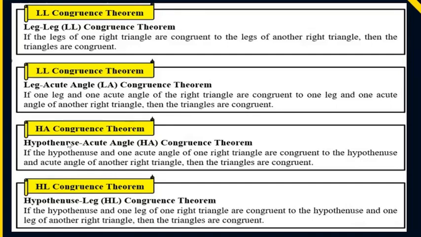If the hypotenuse and one leg of one right triangle are congruent to the hypotenuse and one leg of another right triangle, then the triangles are congruent. Take note, the LL, LA, HA and HL congruence theorems are used only if we have right triangles.